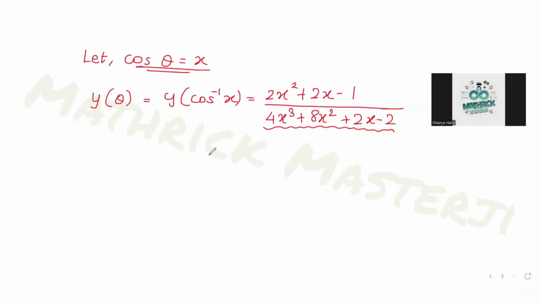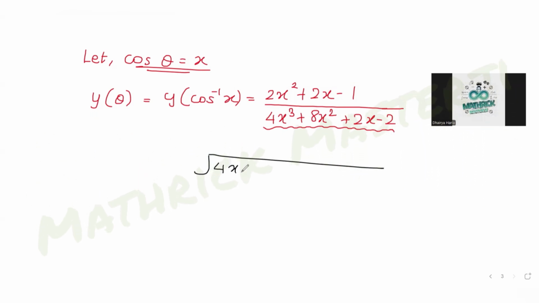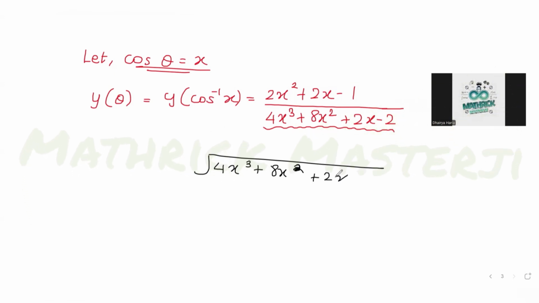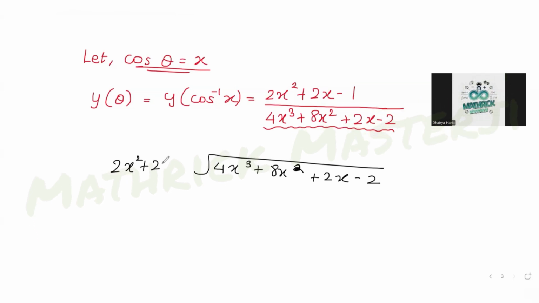So let's divide 4x cubed plus 8x square plus 2x minus 2 by 2x square plus 2x minus 1, just to figure out whether I can write this expression as a product of two terms, in which one term would be this.